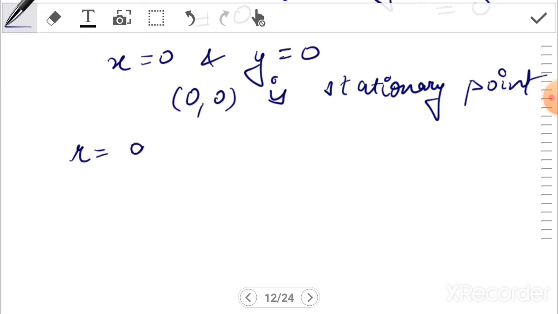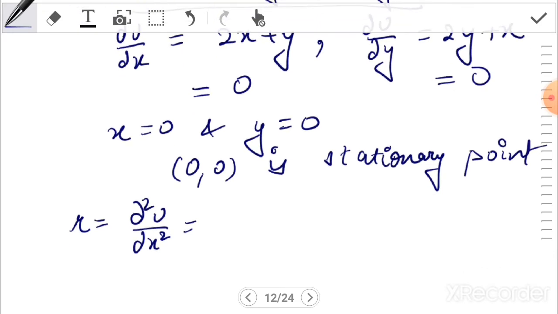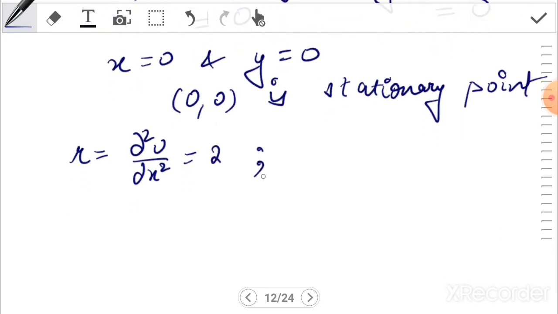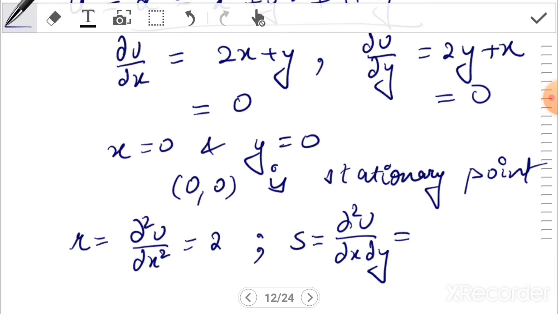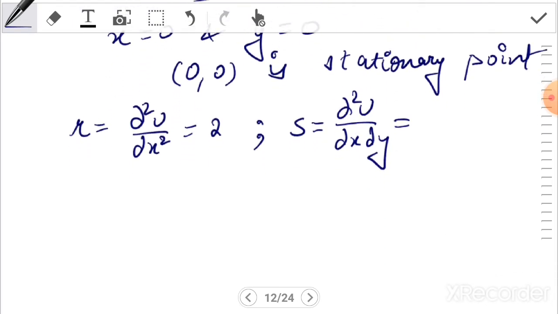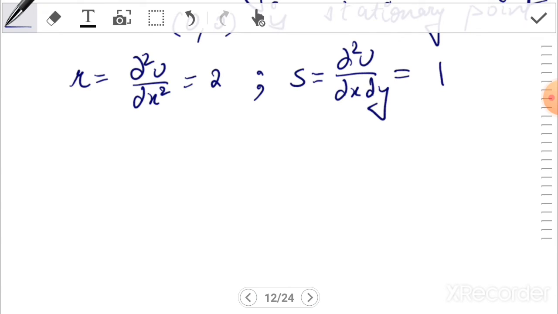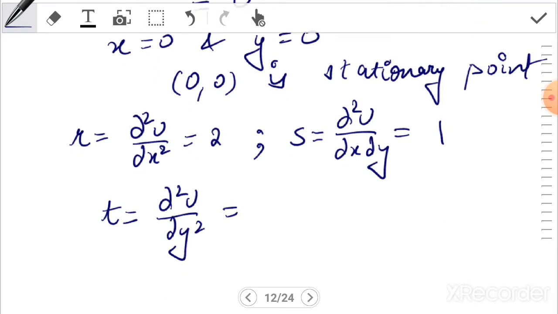R is del square u by del x square, which is equal to 2, and s is equal to del square u by del x del y, which is equal to 1, right? Then t is equal to del square u by del y square, which is equal to 2.